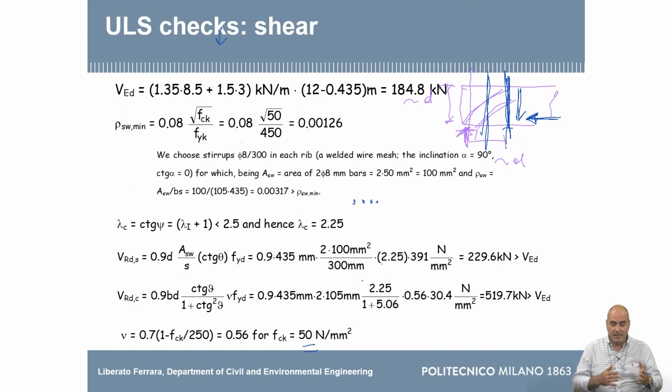So it means that if it's going to fail in shear, the steel will fail, which guarantees you some ductility. And also you can see here the safety factor that you have is 2.29, 230 divided by 1.25. So it's about 15% or something like that. So it's higher than the safety factor that we have on the moment.